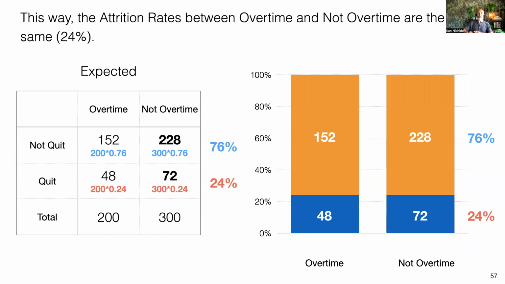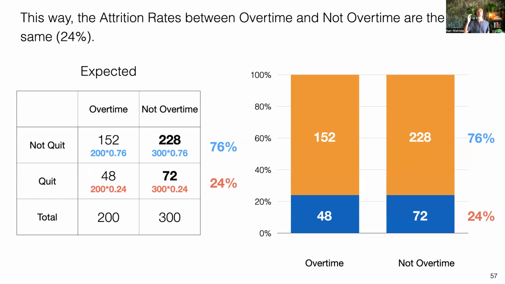The numbers are different, like 152, 48 and so on, but the important thing is that the ratio is equal. The people who have left are 24% on both sides, and the people who haven't left are 76%. When you look at a chart like this, obviously there's no relationship. That's what we wanted. This is the expected one: if there's no relationship between these two variables, this is the kind of chart we should expect.